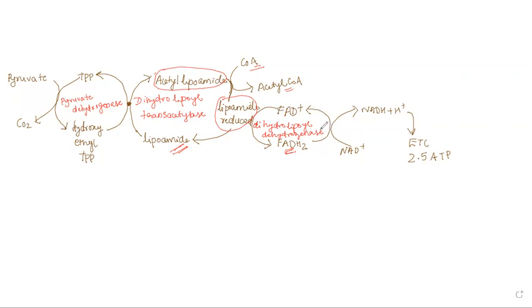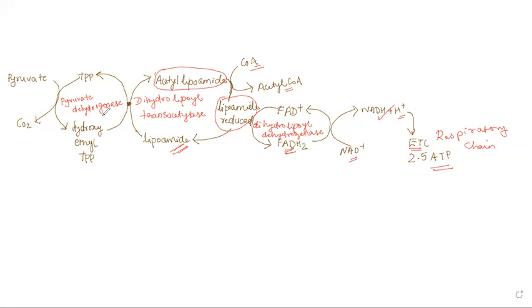Then the FADH2 transfers its reducing equivalents to NAD plus and forms NADH plus H plus. This NADH then enters the ETC or electron transport chain, also called the respiratory chain, to generate ATPs by oxidative phosphorylation.